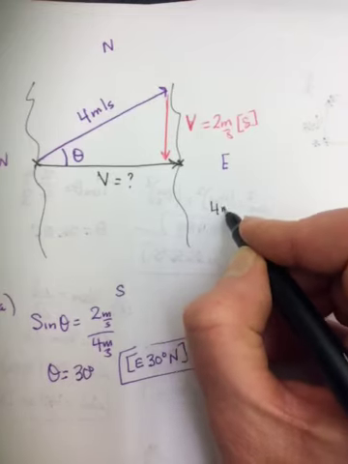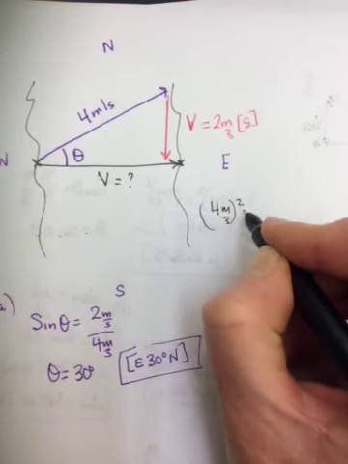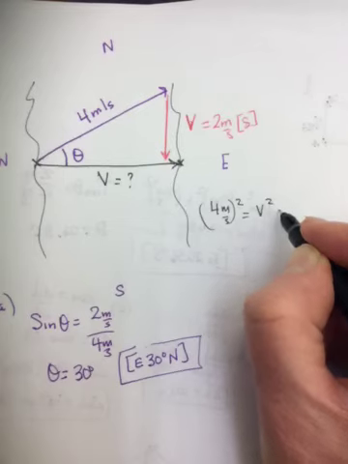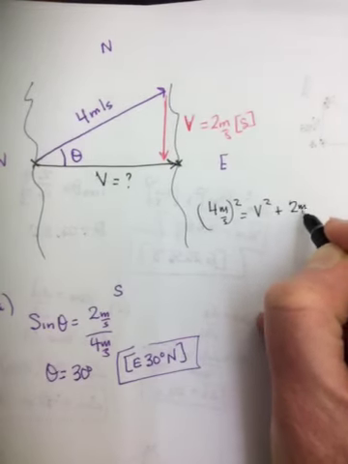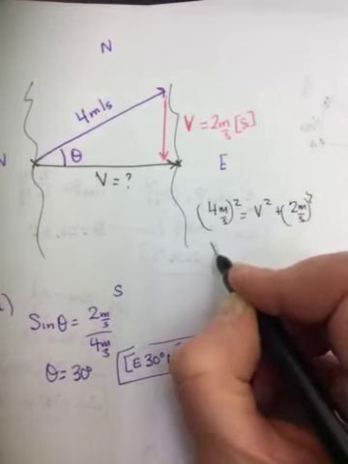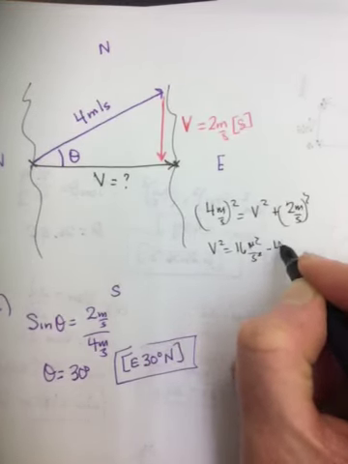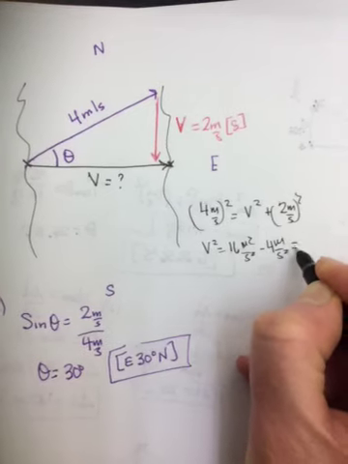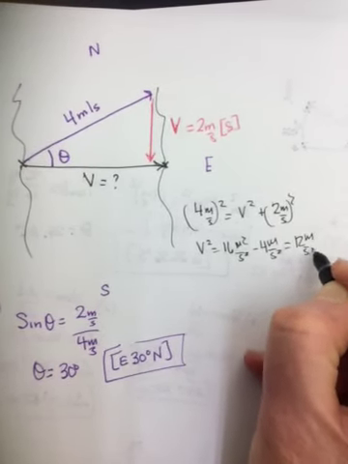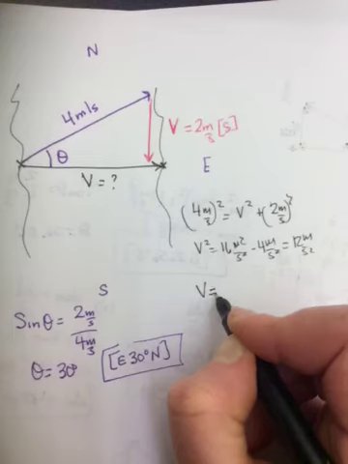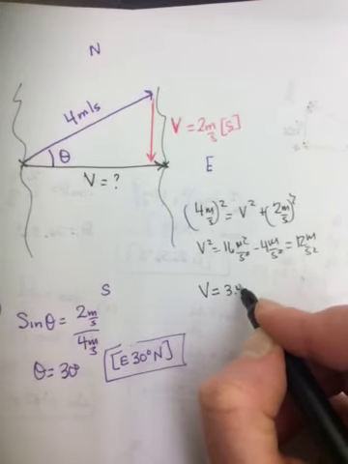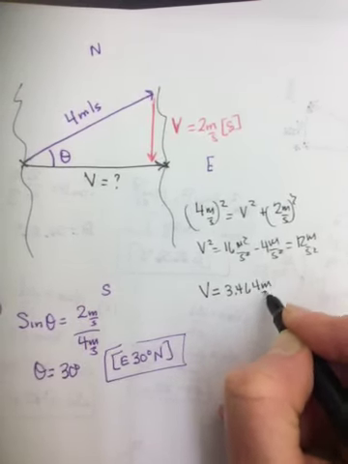So it's going to be 4 meters per second squared equals v squared plus the 2 meters per second squared. Right? So v squared will equal 16 meters squared per second squared minus 4. So the square root of 12. So your speed with respect to the shore should be 3.464 meters per second.